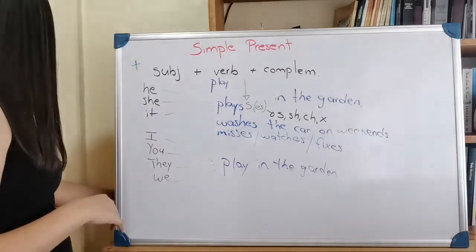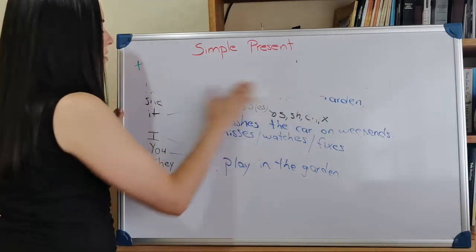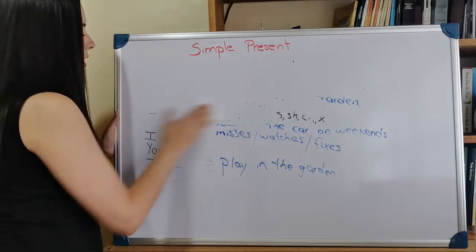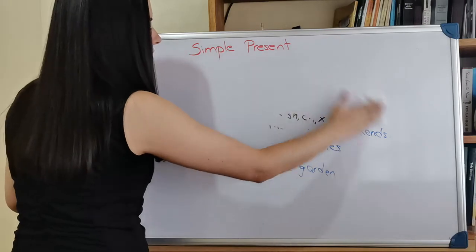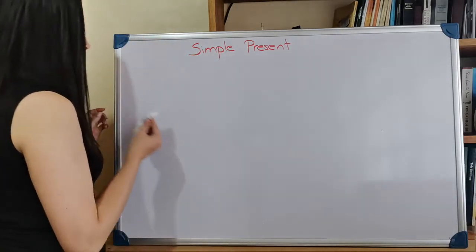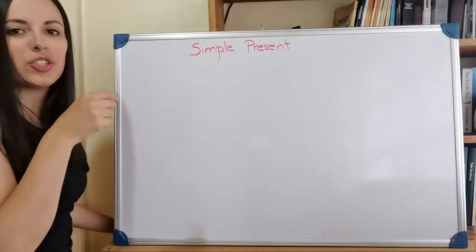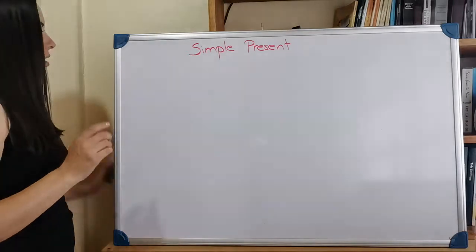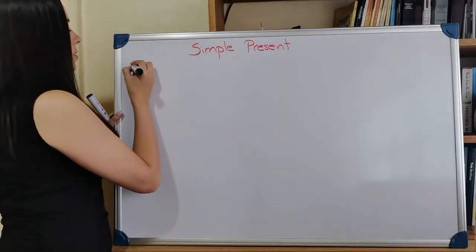Now, let's write now some negative sentences. How do we write negative sentences in simple present? Very simple. We use a short particle, okay, to create the negative. Okay, affirmative sentences, we already saw it.